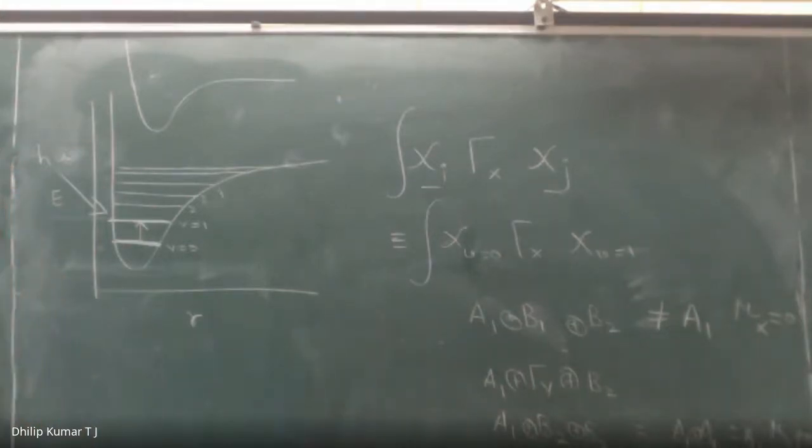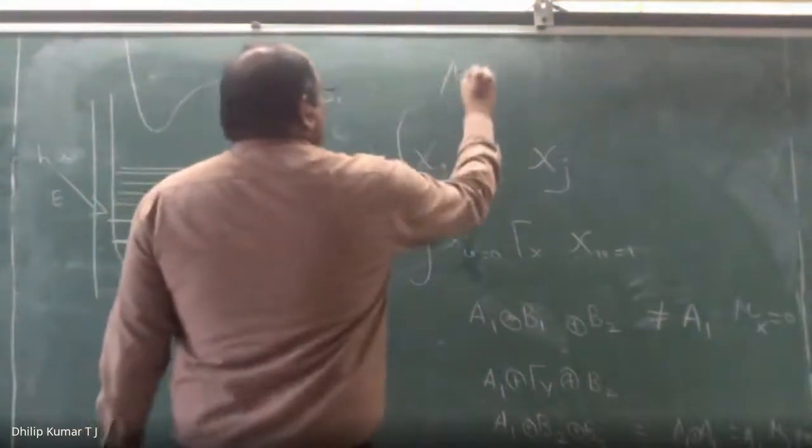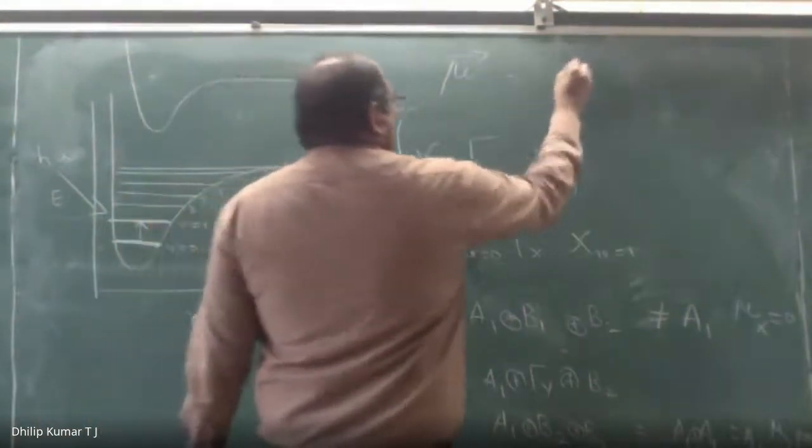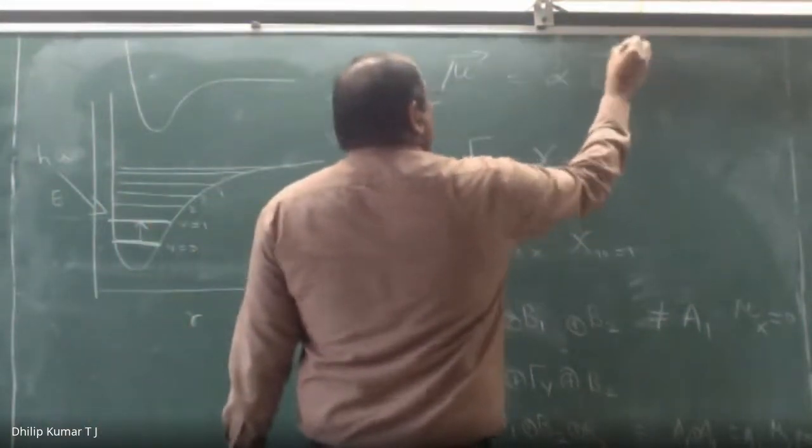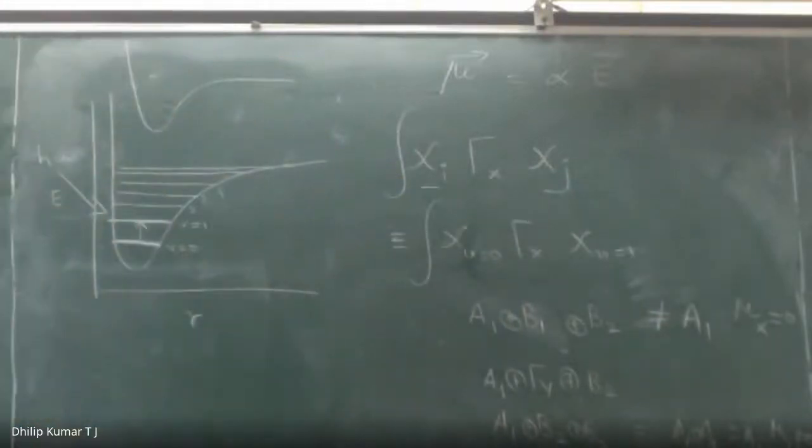When it induces a dipole moment, there will be a change in polarizability of the molecule, because the dipole moment is given as alpha times the E vector. The electric field of the radiation induces the dipole moment in the molecule, and that corresponds to the polarizability. So there should be a change in polarizability of the molecule.